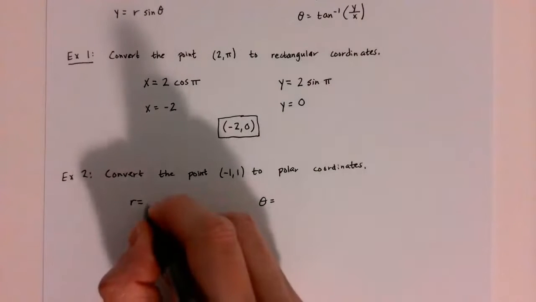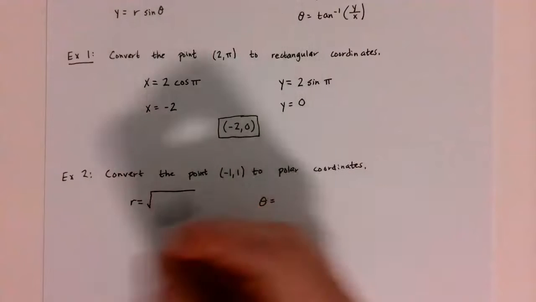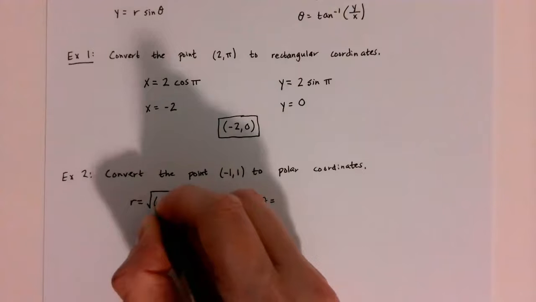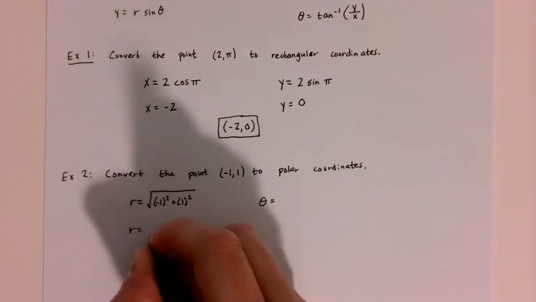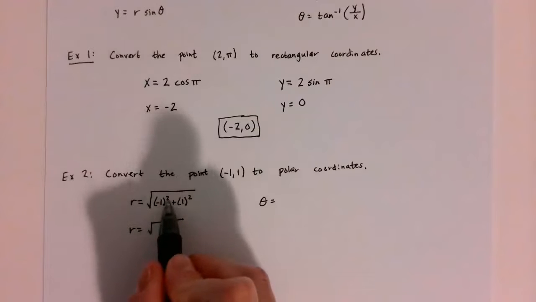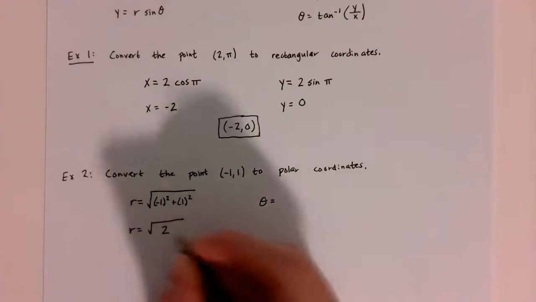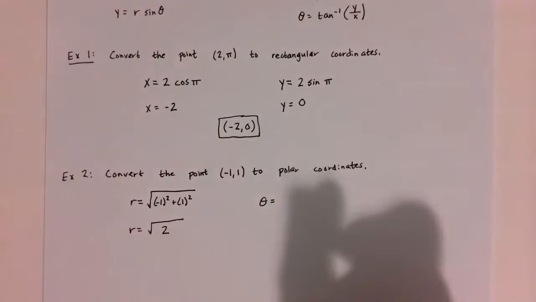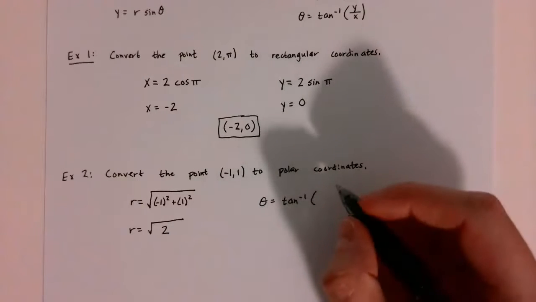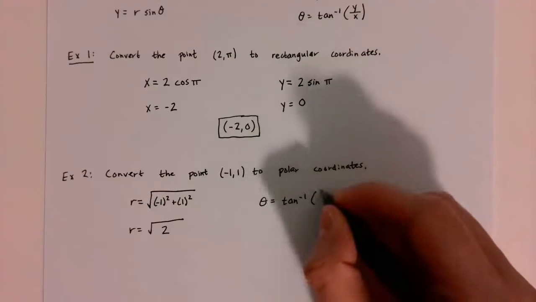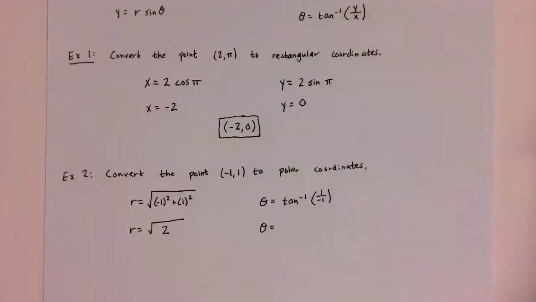For r, we're going to do the square root of x squared plus y squared. So we have negative 1 squared plus positive 1 squared. Negative 1 squared is 1, 1 squared is also 1, so 1 plus 1 is 2. We can't simplify that anymore. For theta, I'm going to do tangent inverse of y over x. So my y is 1, my x is -1.